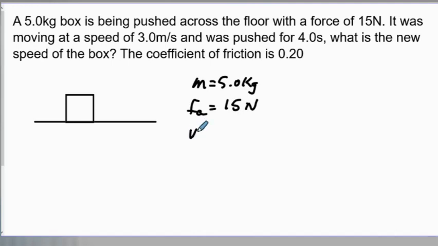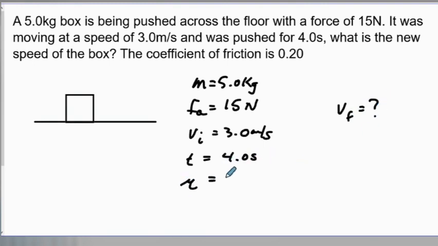It had an initial velocity of 3 meters per second. It was pushed for a time of 4 seconds. We want to know the final velocity. And the last thing we were given is a coefficient of friction of 0.2. Once again, pause the video and see if you can finish it.